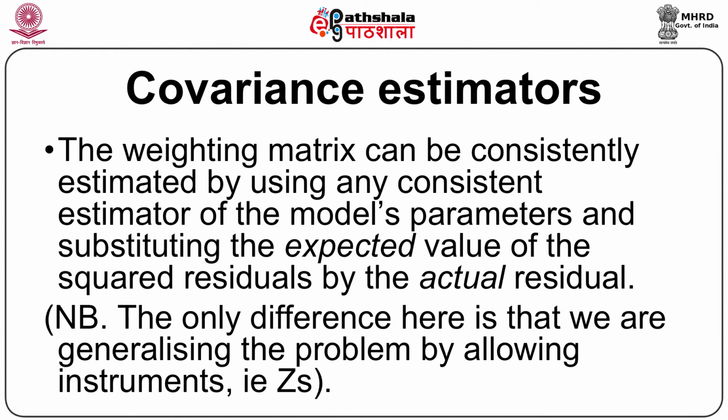Note that the only difference here is that we are generalizing the problem by allowing instruments, that is GMM. So, since you have more instruments than is required, you need to construct minimization of this quadratic term in order to arrive at the expression for the weighing matrix W.